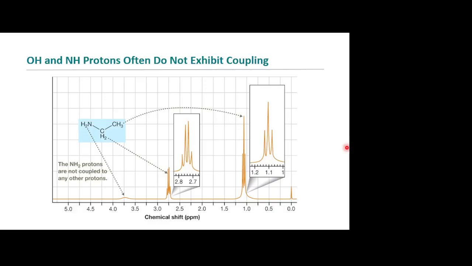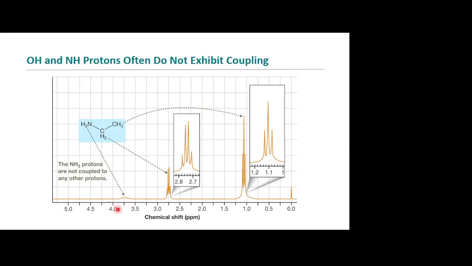So, okay. So remember that you have the OH and NH. They're going to not tend to exhibit coupling. This is actually because, see how broad this peak is right here? Can everybody see that? It's super broad. And so it looks very shallow right there. This is the nitrogen hydrogen peaks right here.